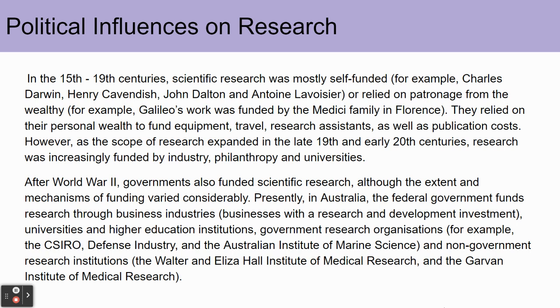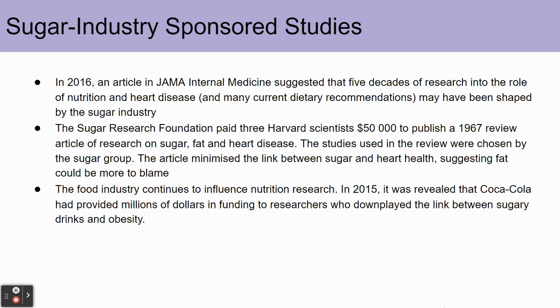There are quite a few examples that you can see there of where the government provides its funds. One example here is the sugar industry. This is just an example to get us thinking, linking back into one of our older modules in terms of how information may be suppressed.